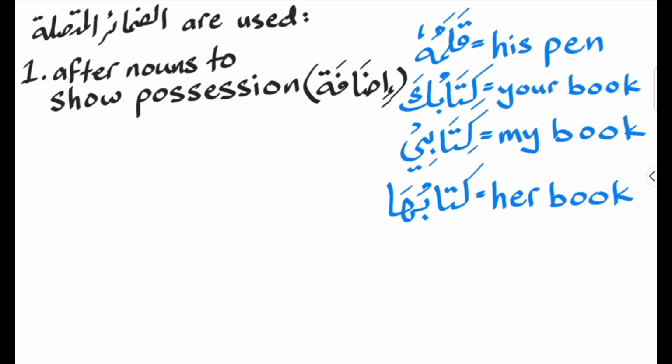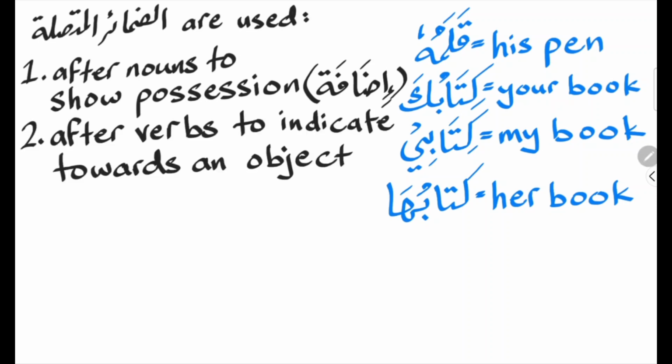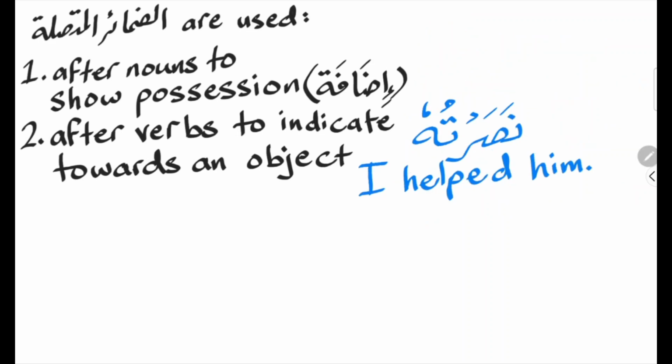If it comes after a verb, it indicates the maf'ul or the object. For example, nasartuhu, I helped him. Here, as you can see, the hu dhamir is coming after nasartu and it's indicating towards the maf'ul because he is the person who is receiving the action of helping.